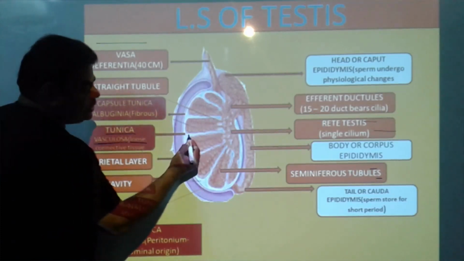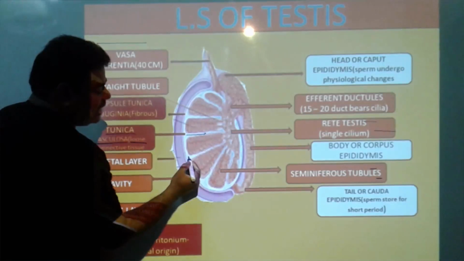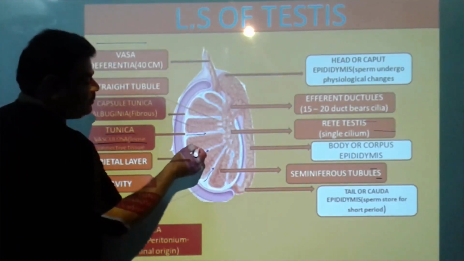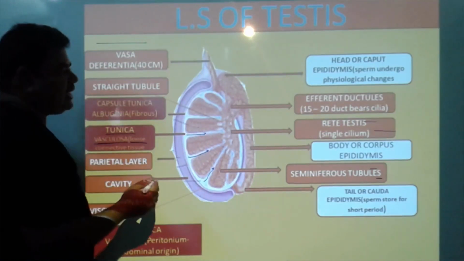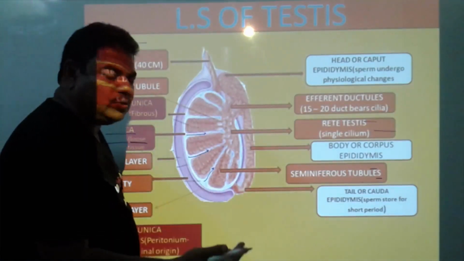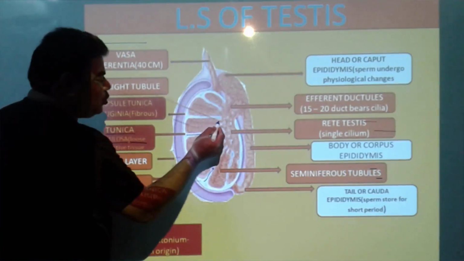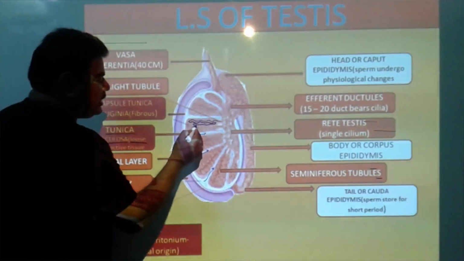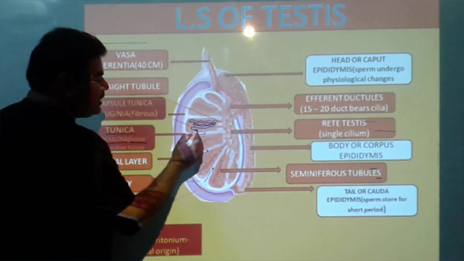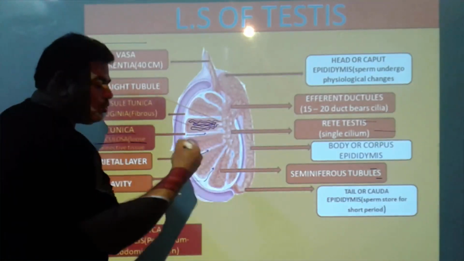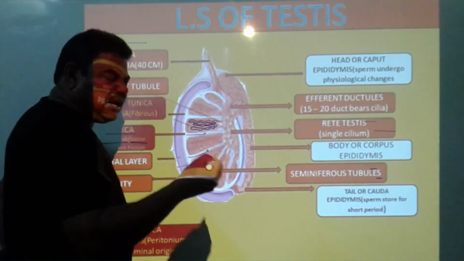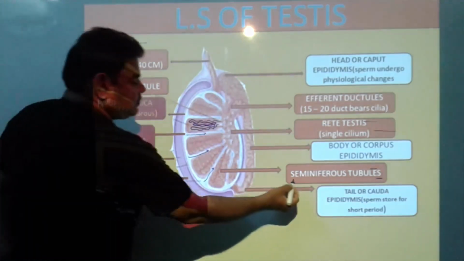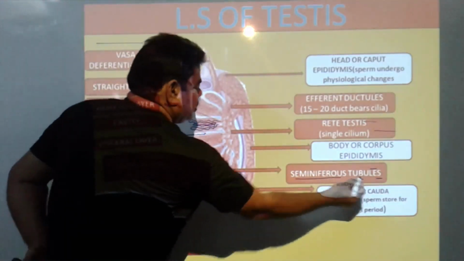This loose connective tissue invaginates inwards, due to which the testes get differentiated into compartments we call testicular lobules. In each testicular lobule, coiled, convoluted, hair-like tube structures are present, branched in nature, two to three branches. We call them seminiferous tubules.